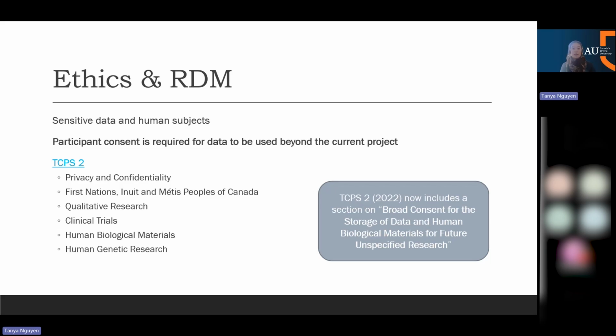Going over the Tri-Council Policy Statement number 2, which is the ethical conduct of research involving humans. This TCPS 2 outlines considerations for the ethical conduct of research, and it has specific chapters related to privacy, confidentiality, First Nations, Inuit, and Métis peoples, qualitative research, clinical trials, human biological materials, and human genetic research.